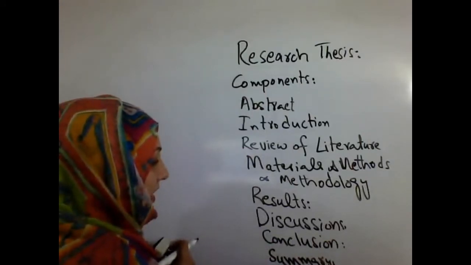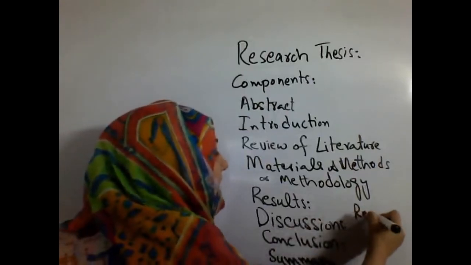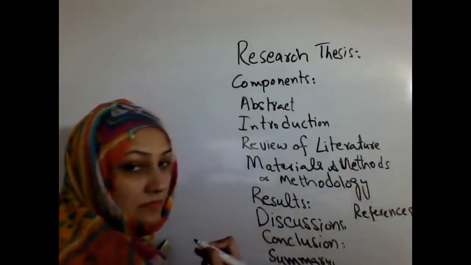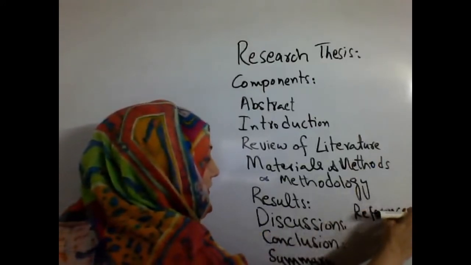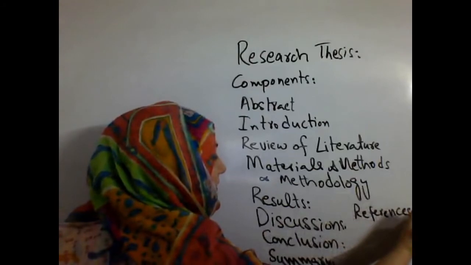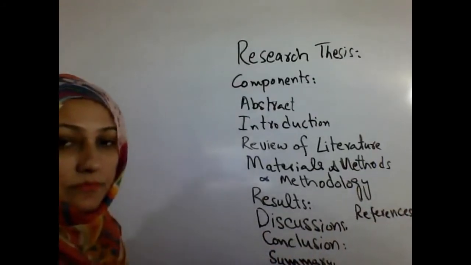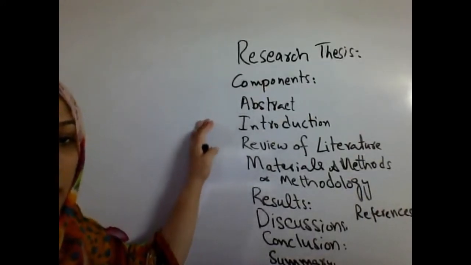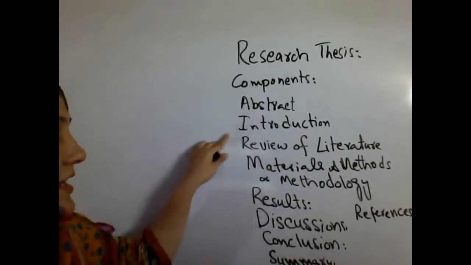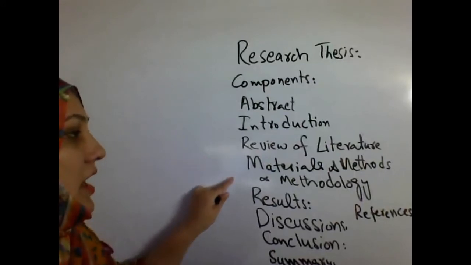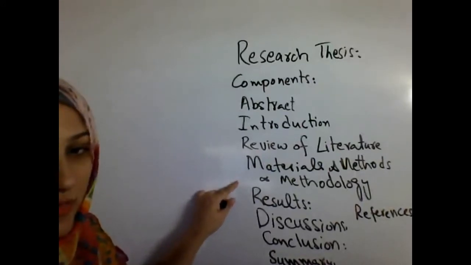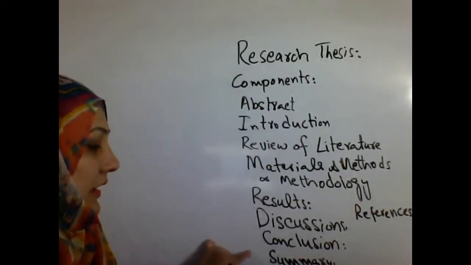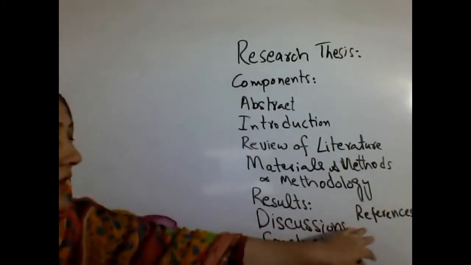And the final part is references. These are all the major components of the research thesis: the abstract, the introduction, the review of literature, materials and methods or methodology, results, discussion, conclusion, summary, and the references.